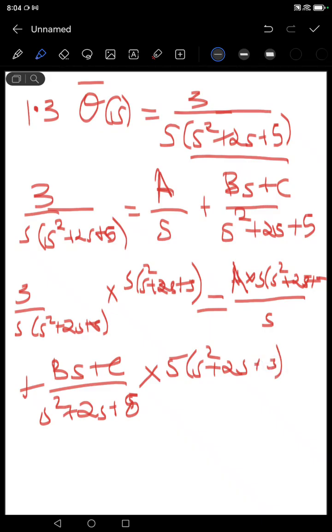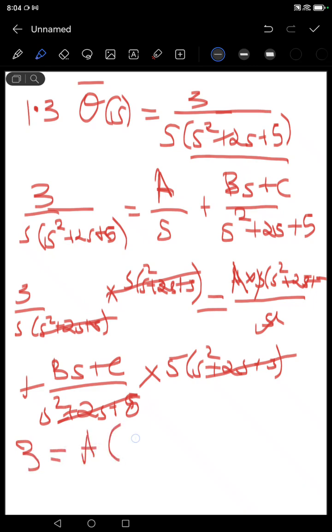So we multiply both sides by the denominator, and then the terms cancel each other, the s cancels, and s squared plus 2s plus 5 cancels. We're going to be left with 3 equals what?